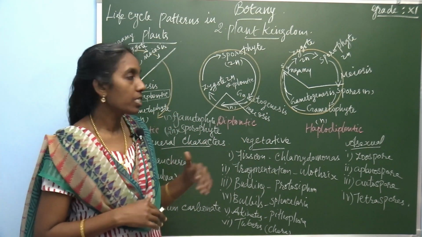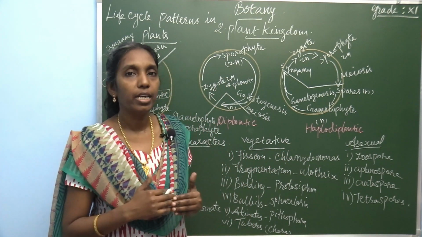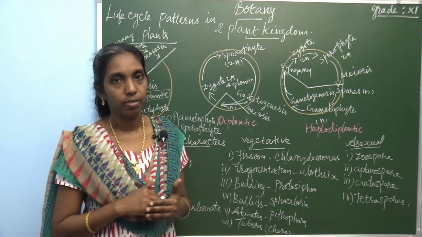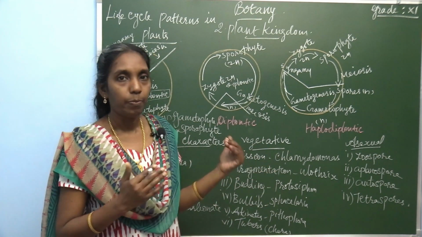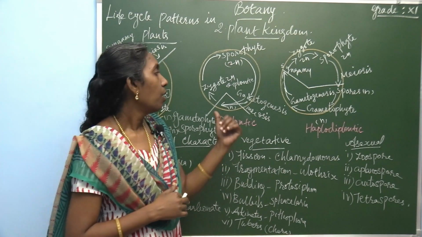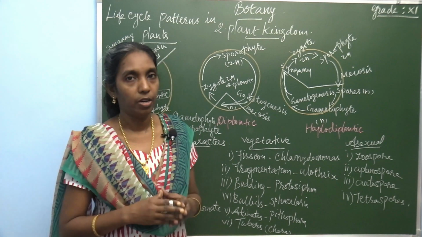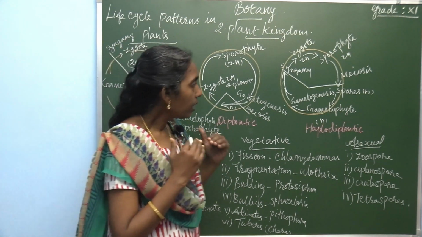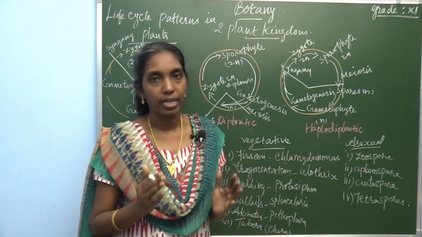Now, the third type is haplodiplontic. This is intermediate between haplontic and diplontic, which is seen in bryophytes and pteridophytes. In bryophytes, the gametophytic phase is dominant.